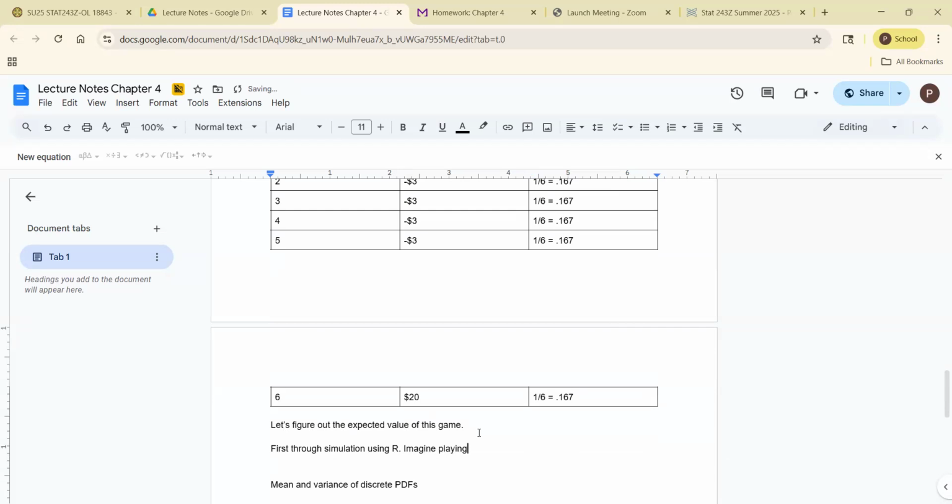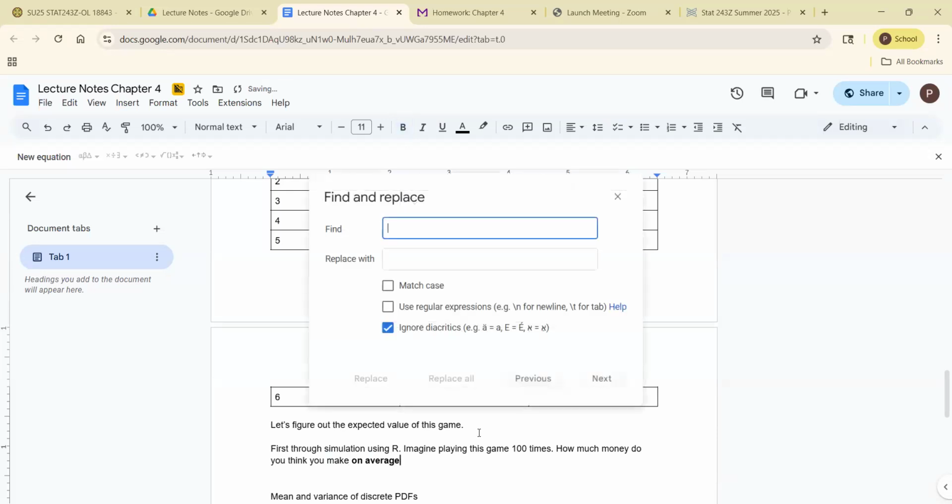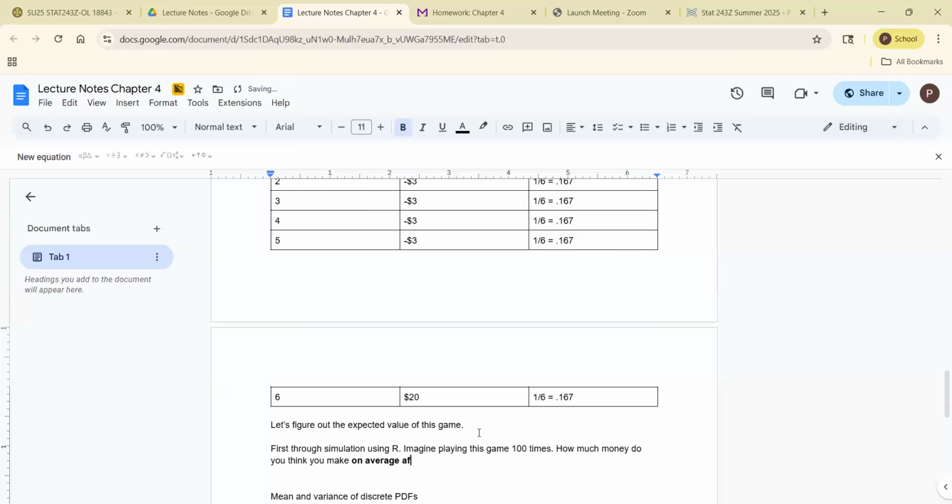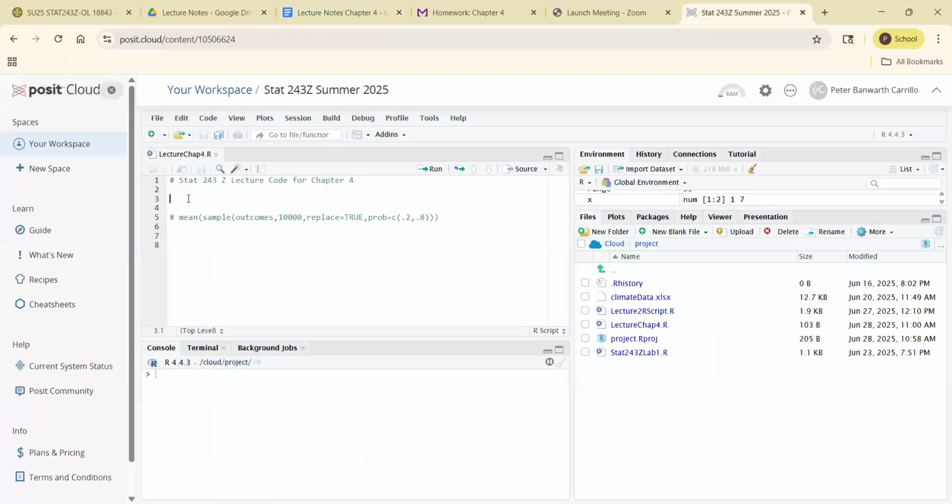Imagine playing this game 100 times. How much money do you think you will make on average after 100 trials? So let's hop over to R. I'm going to build myself a probability distribution.